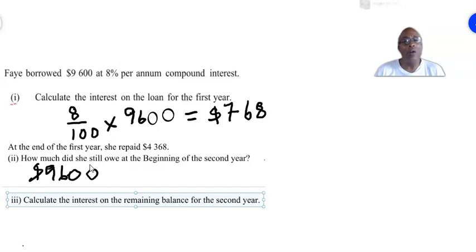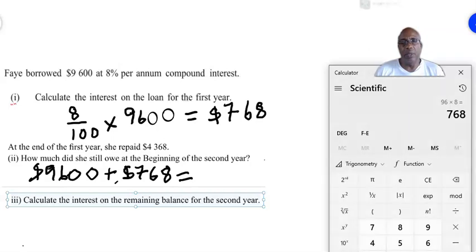But at the end of the first year, she has to pay an interest of $768. So therefore, the total amount owed at the end of the first year is 9,600 plus 768. So let us calculate that.